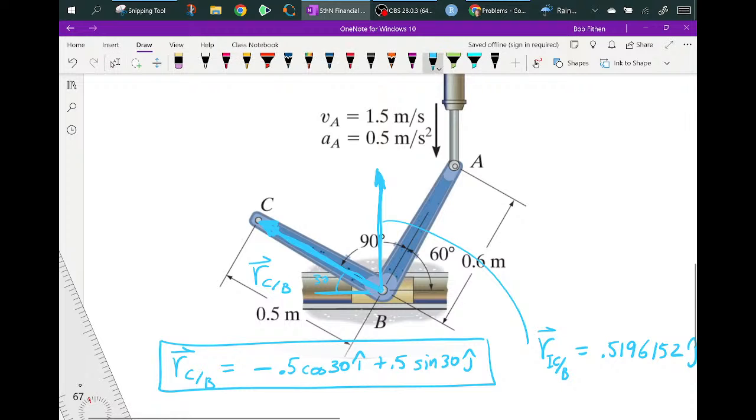If I want to know this one, I can say R2, no. How about that?